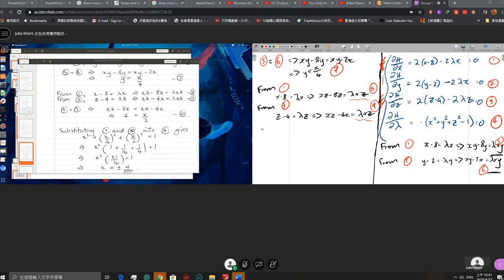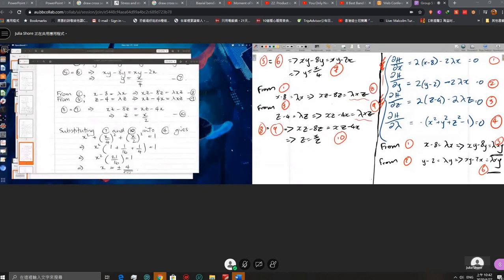So 8 is equal to 9, and this implies that xz minus 8z is equal to xz minus 4x, and that will give us that z is equal to x on 2. So now we have relationships between x and y and x and z. We're going to call this equation 10.